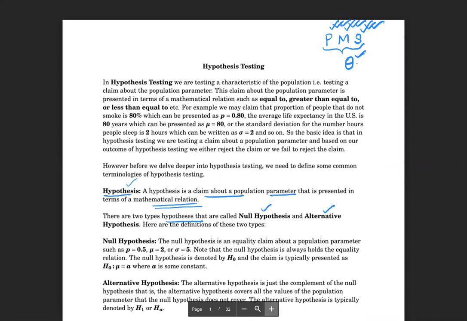The null hypothesis is the default or given hypothesis, what is given to you, okay? If you compare it with the criminal justice system, the null hypothesis is the default assumption that an individual is innocent. And the alternative to that would be that the individual is guilty.